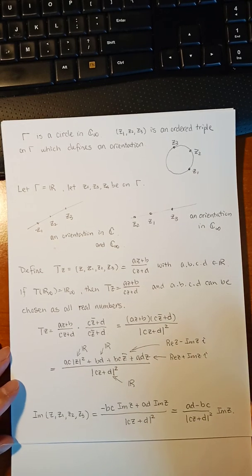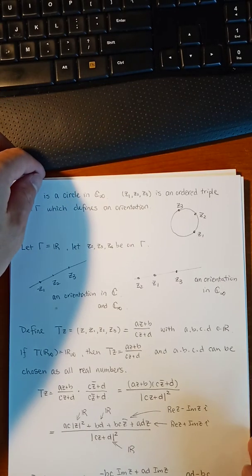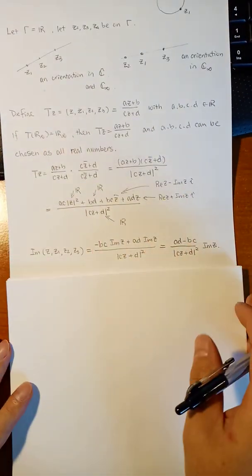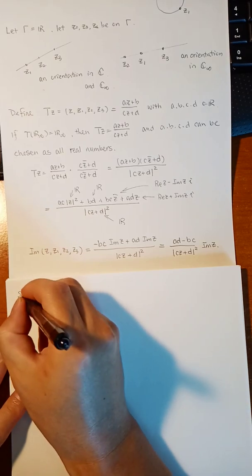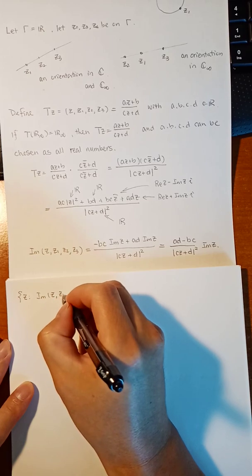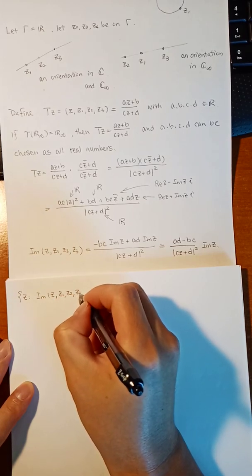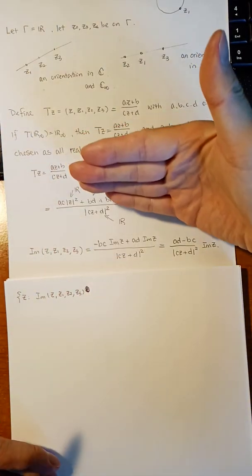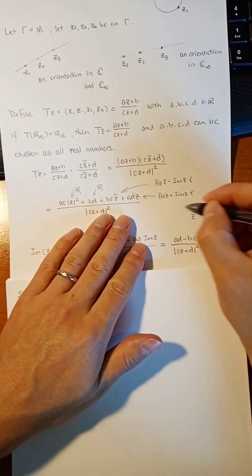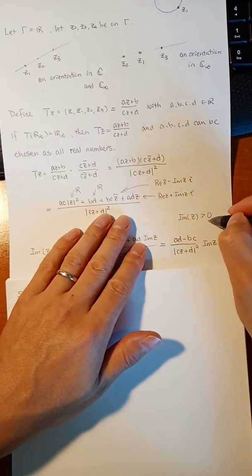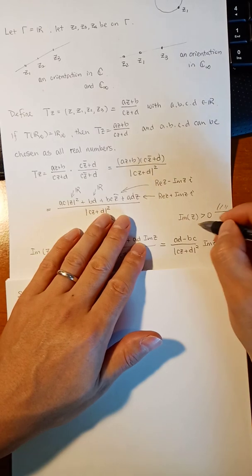All right, so what we get is the imaginary part of the image of Z under this cross ratio. Remember that imaginary part: if you have a Z, Im Z positive means it's the upper half space. Im Z negative, it's the lower half space, right?